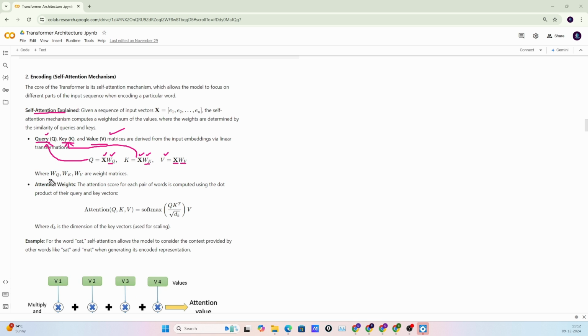And during the training of our LLM or fine tuning of our LLM, we find the best values for these weights. WQ is the weight for the query vector, WK the weight for the key vector, and WV the weight for the value vector, and during training and fine tuning these weights are updated. Our objective, our goal in the training of an LLM or fine tuning of an LLM is to find the best weights for these query, key and value vectors.